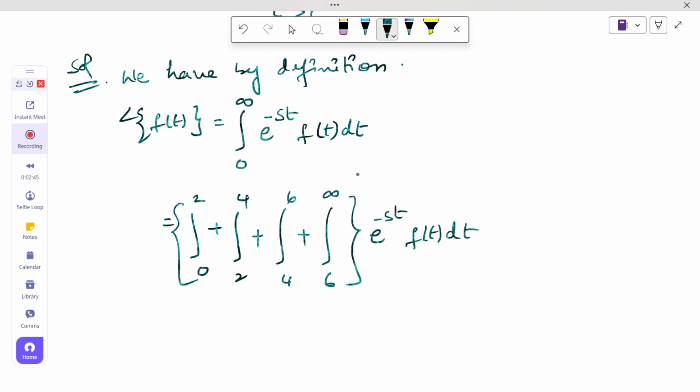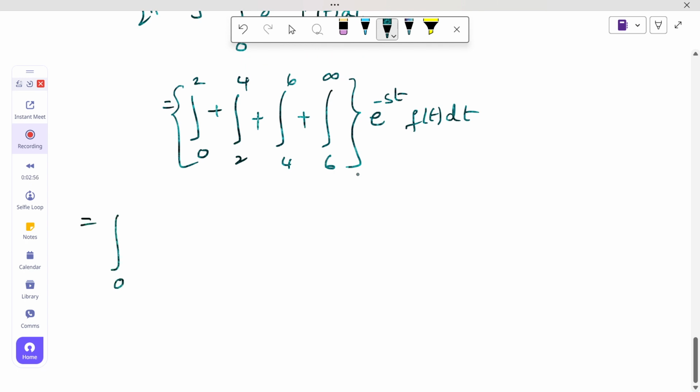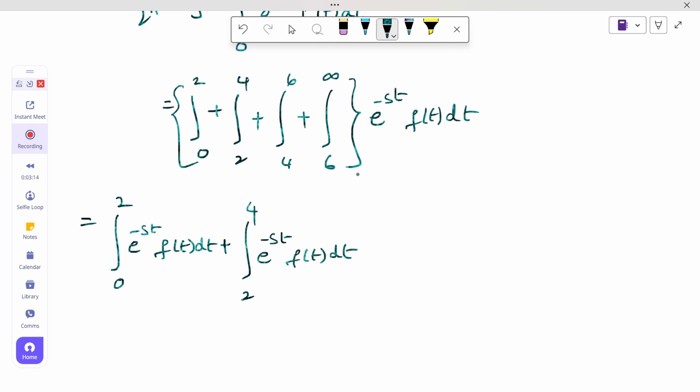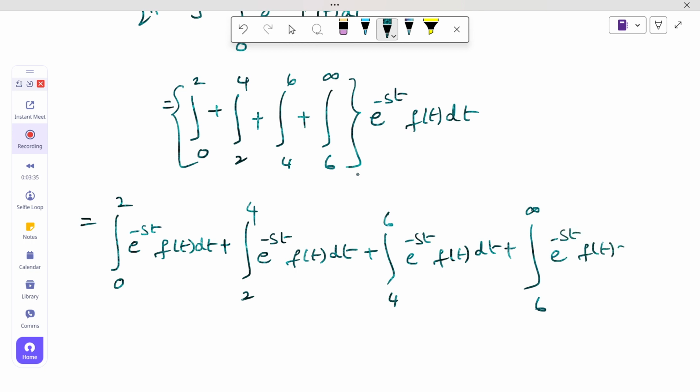Now multiply e power minus st f of t dt to each integration in the bracket, which equals the integral from 0 to 2 of e power minus st f of t dt, plus 2 to 4, plus 4 to 6, plus 6 to infinity of e power minus st f of t dt.